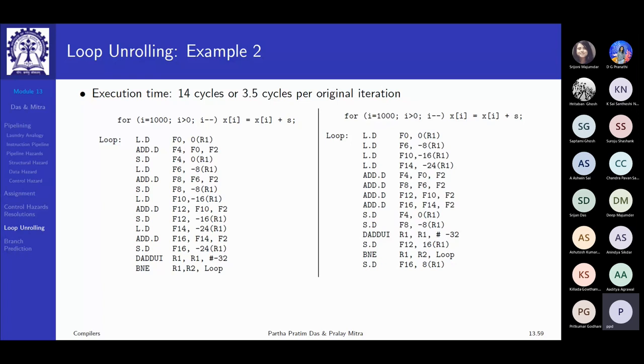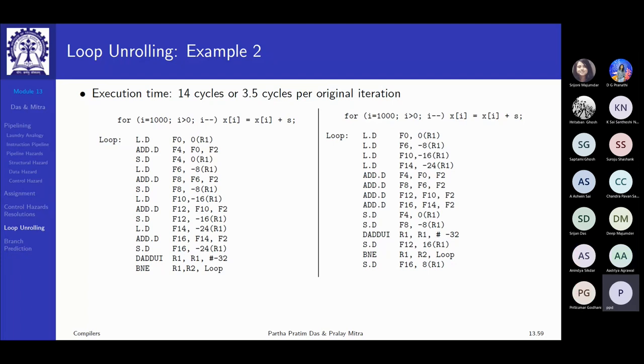So every iteration in this modified unrolled loop will mean 4 iterations of the original loop, right? So if you divide 14 by 4, you get 3.5 cycles per iteration.